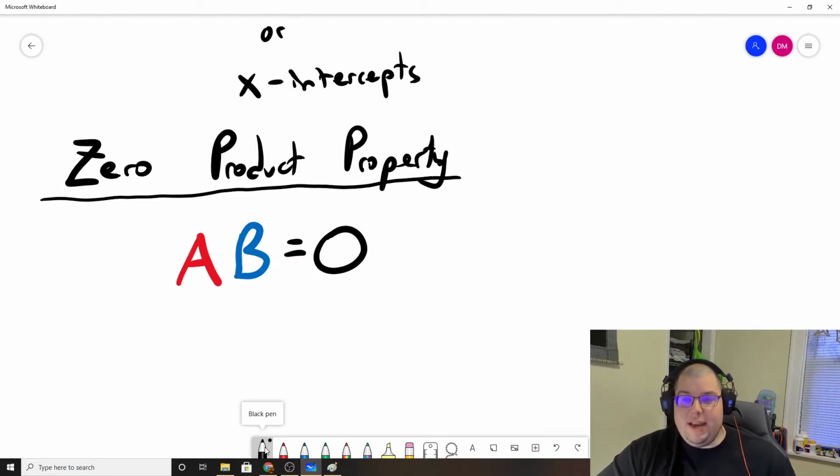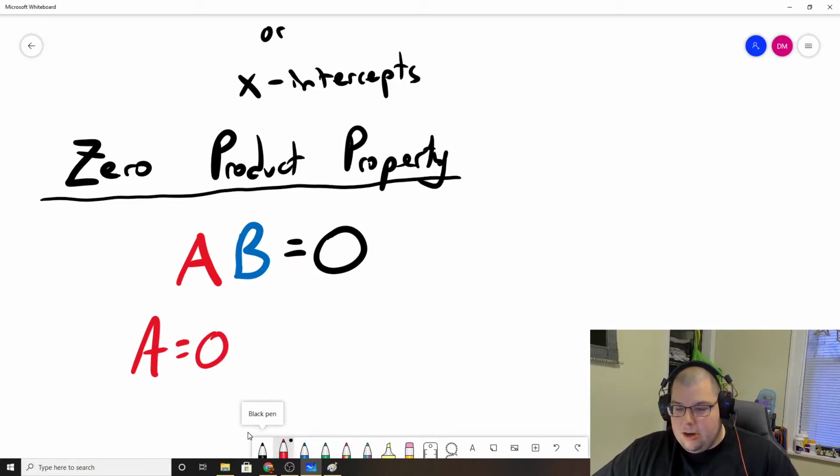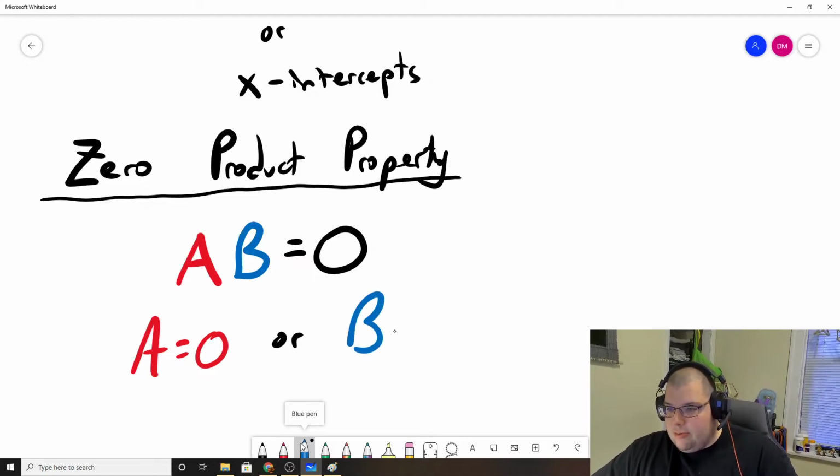The only way for you to get 0 when multiplying numbers is for one of them to be 0. So this means that A is equal to 0, or B is equal to 0.